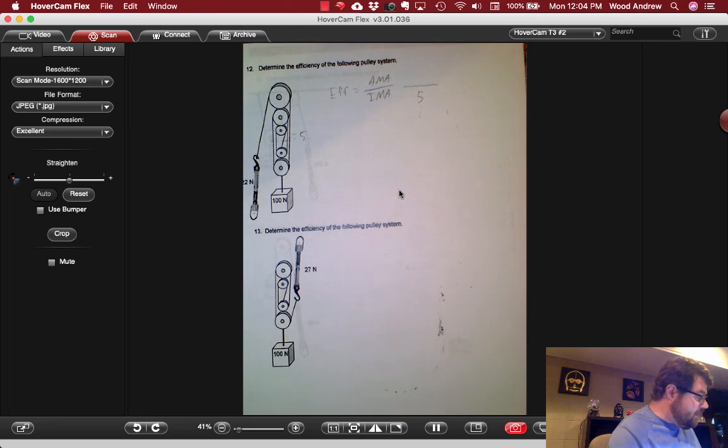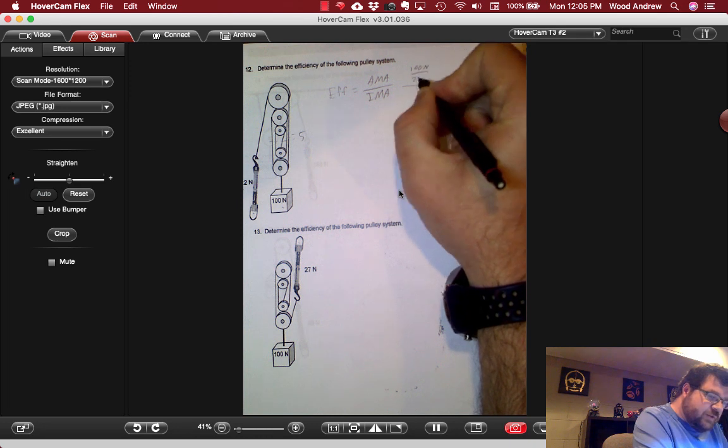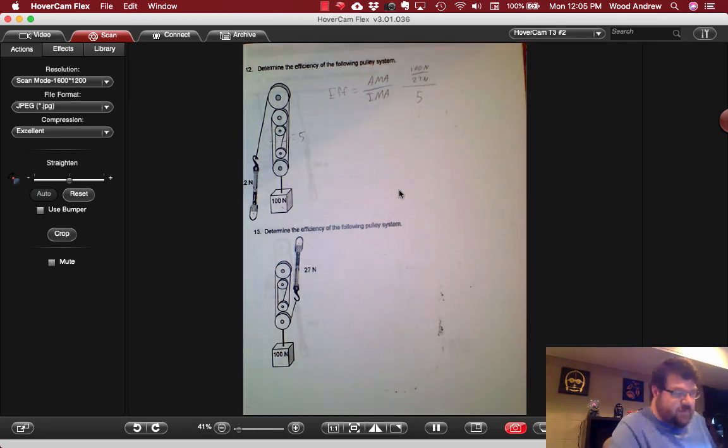Actual mechanical advantage being the relationship of the forces. The output force in this case, or the resistance force, is going to be 100 newtons. The input force in this case is going to be 22 newtons. So 100 newtons over 22 newtons, and then divide that by 5.